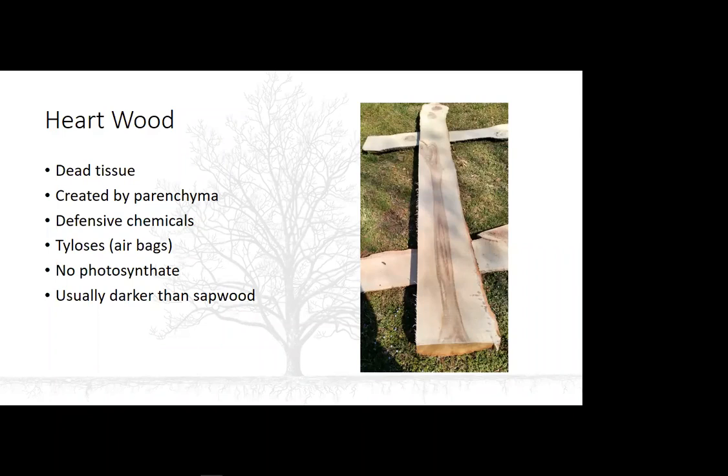So if you look at this cross section here, you can see the heartwood in through here is this dark brown wood, and this was the living sapwood when the tree was cut down, this lighter color. Also notice there was a branch here, and see how the branch had heartwood and is connected to the heartwood in the center of the tree.